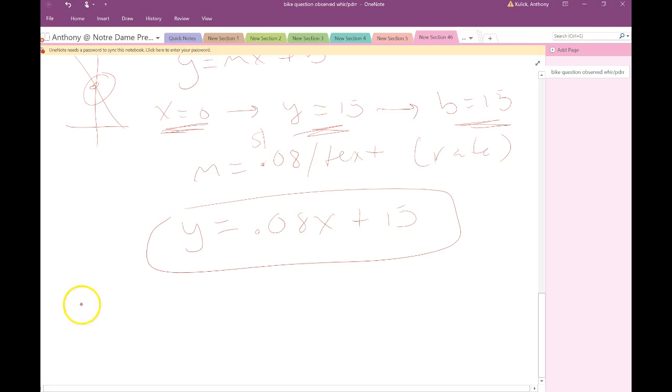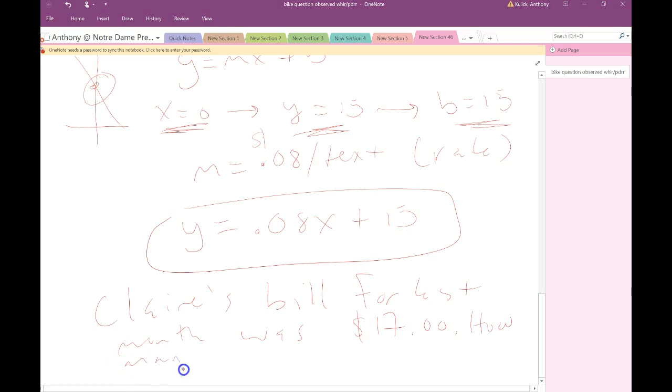Okay, so an example of a question I could ask is, just to make sure this comes out right, I could say Claire's bill for last month was $17.